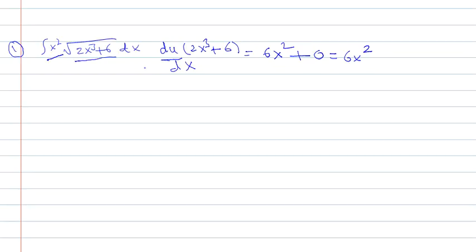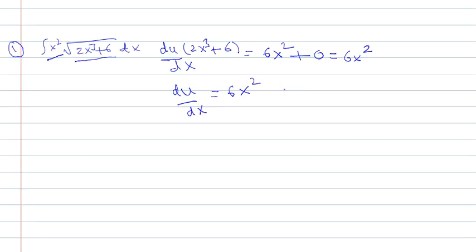So let's go ahead and do that. In this case, let me simplify this a little bit. So we get du dx of the term came out to 6x square.